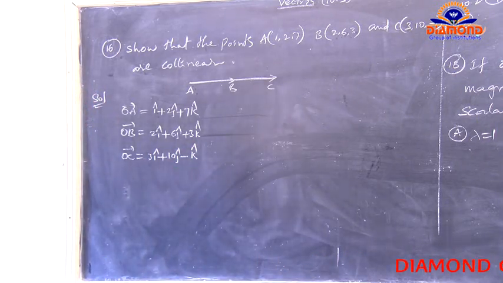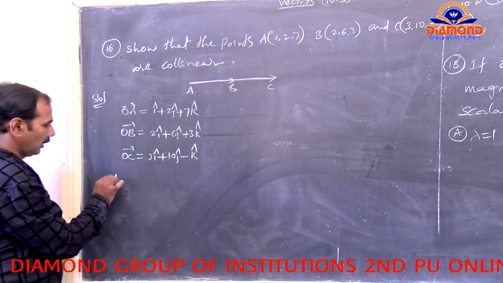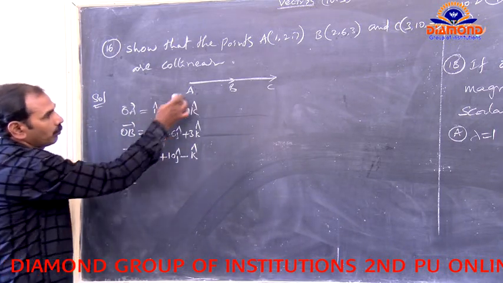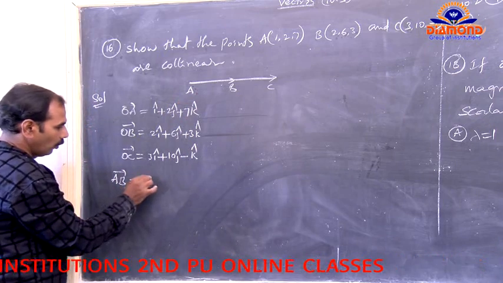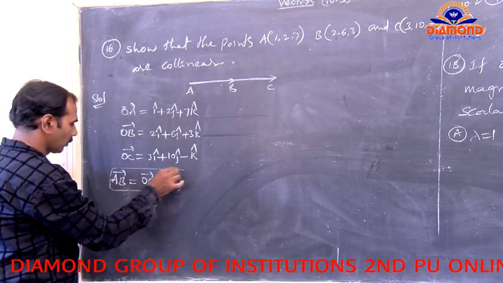Right. Next question. First, AB bar equal to OB bar minus OA bar. You know this formula.